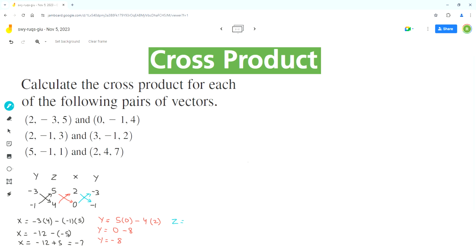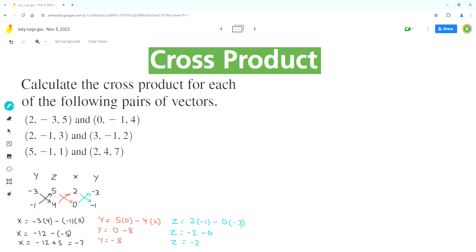So we start from the left side and go across down. So this is the z component of the vector we'll get from the cross product.